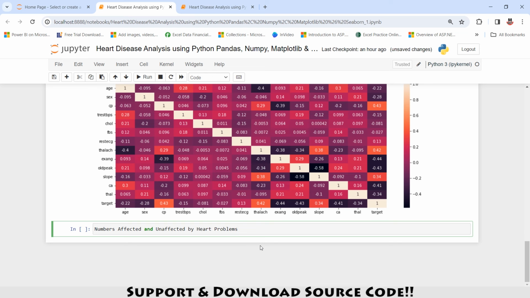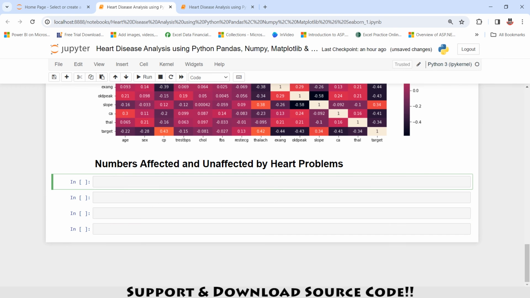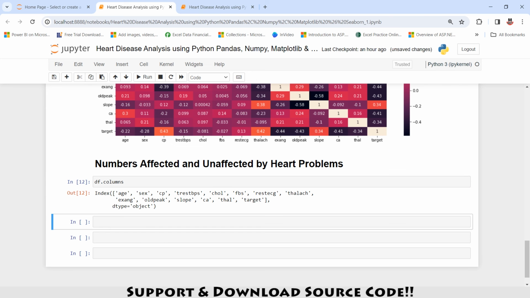So now we are going to calculate the persons who are affected or unaffected by heart problem. I'm going to select this heading, OK, and Shift Enter. Here first of all I will show my columns, df.columns. So these are my columns and my answer is in target. Here I will type sns.countplot, and I want to count plot this target because my answer is in this column.